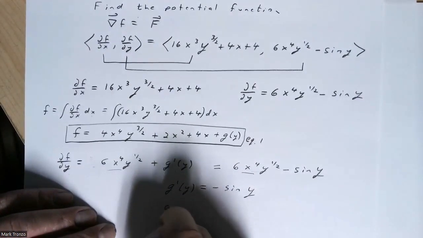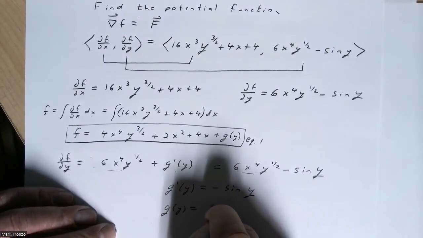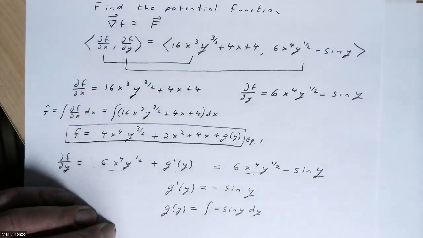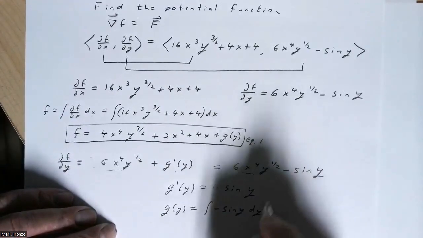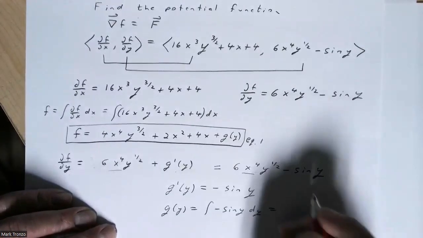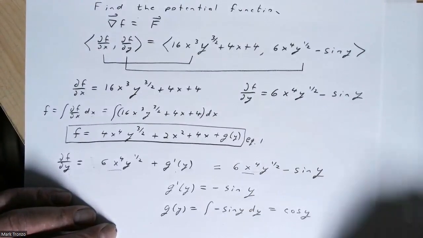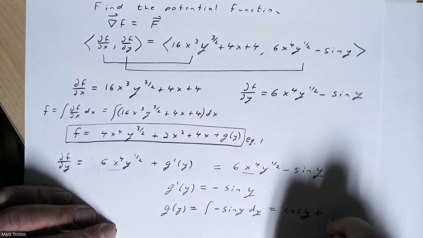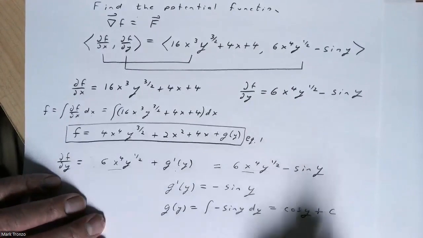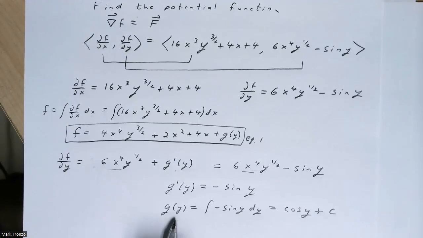Then to find g, of course, just integrate this. And when we integrate that, that changes sign. We integrate sine, so I'll end up with cosine of y, and then plus c. Now this time we'll just have a plus c, because this was just functions of y only.